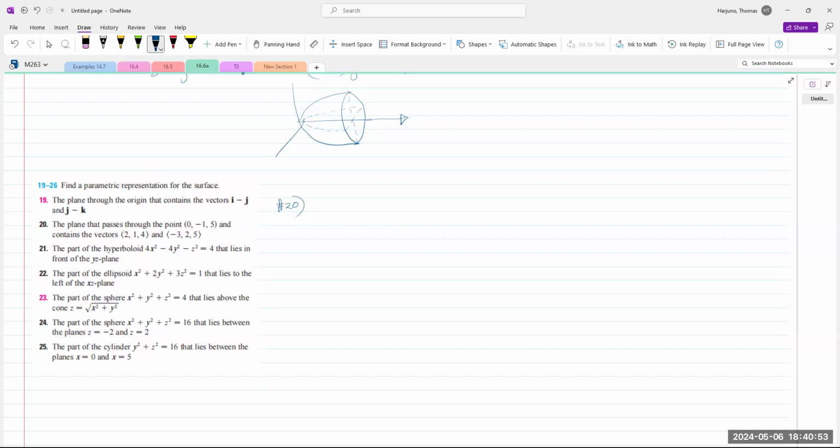So r(u, v) equals the point that it contains plus u times one of the vectors plus v times the other vector. If we put them together, there will be 2u minus 3v for the x component, negative 1 plus 2u plus 2v for the y component, and 5 plus 4u plus 5v for the z component.